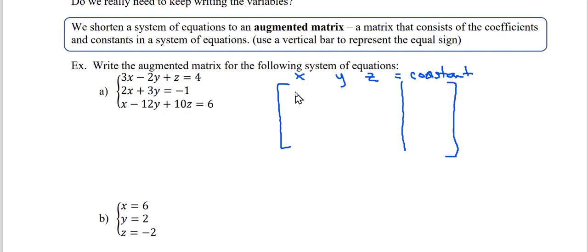So the first row is 3, -2, 1, and then a 4 over here. That represents 3x minus 2y plus 1z equals 4, that first equation. We do that for the second equation, 2x plus 3y plus 0z equals -1, and 1, -12, 10, and 6 for that third equation.